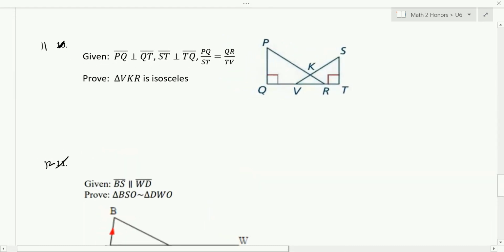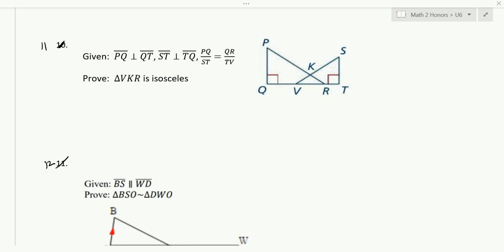We want to show that VKR is isosceles. Any idea how we could do that? Find VK, show those are the same, and we got it. Right?